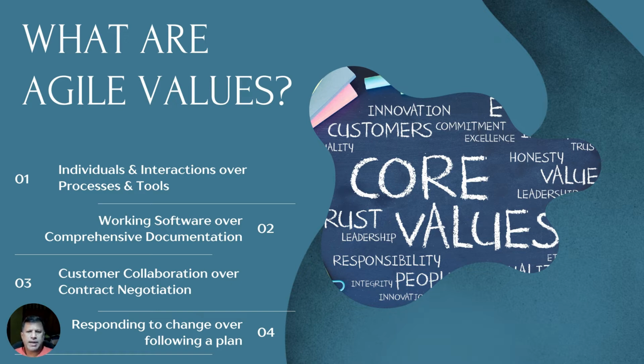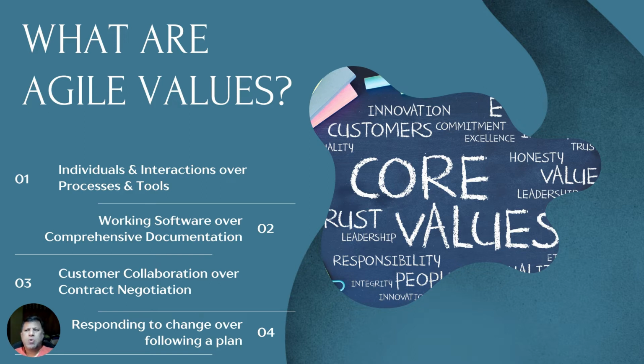By doing that, we develop a mindset in those people that they always look to optimize the processes and make the best use of tools that we have within the enterprise, or within the system. So that is why the first value is focusing on individuals and interactions over processes and tools. That is the number one value that we focus on.